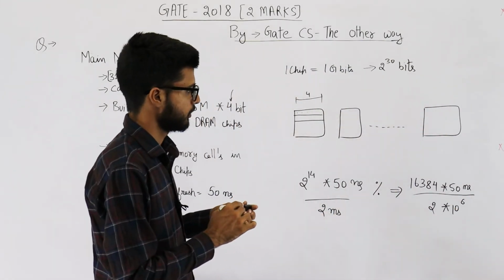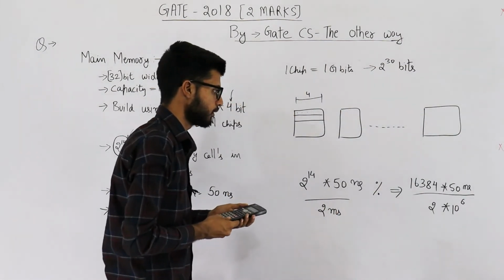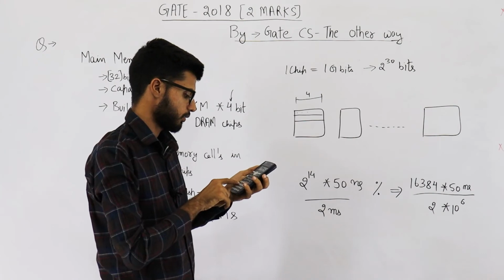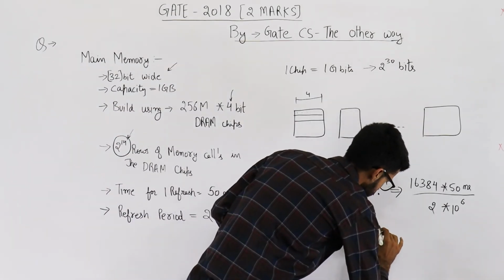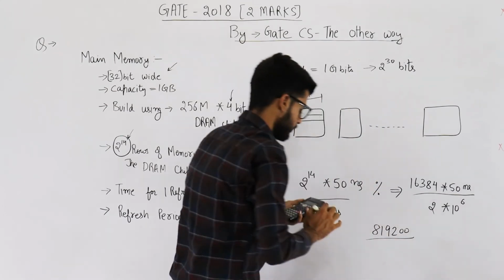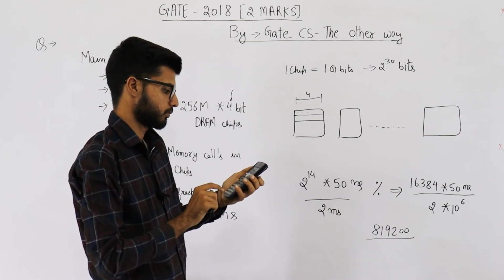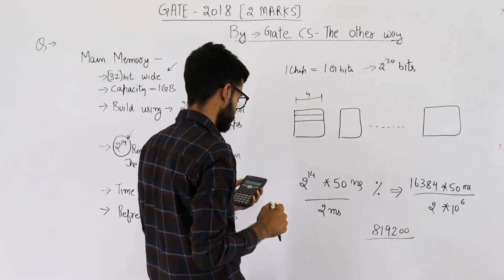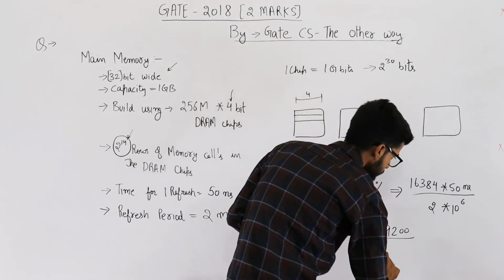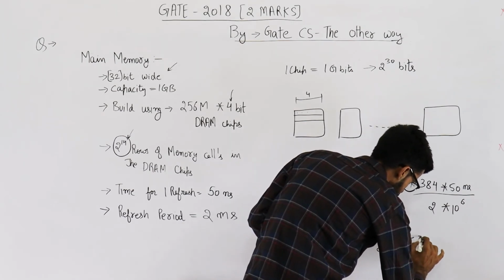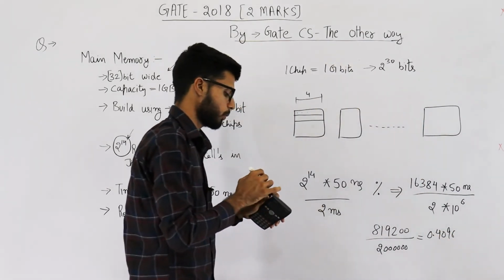So let us just solve it. 16,384 multiplied by 50 is 819200, divided by 2 followed by 6 zeros. So this comes out to be 0.4096.